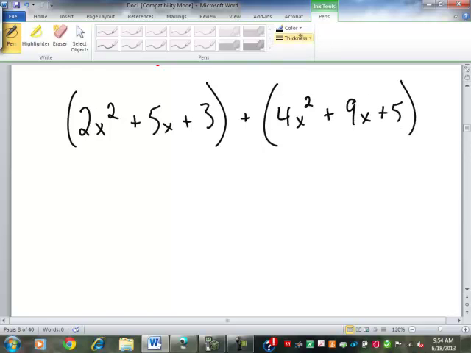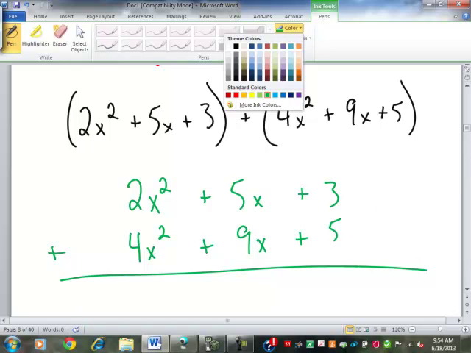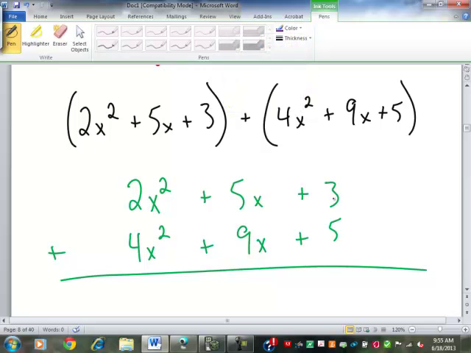Like this. But again, it's still the same way. We're going to line up our columns. So we're putting the 4x squared under the 2x squared, the 9x under the 5x, and the 5 1s under the 3 1s, and we're going to add down the columns. 3 plus 5 is 8, so that's a positive 8.